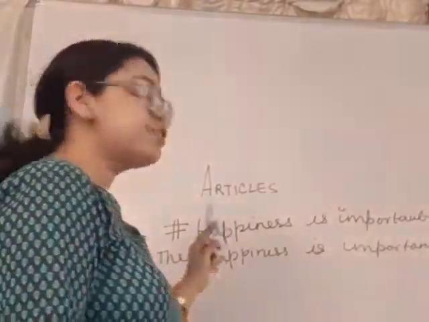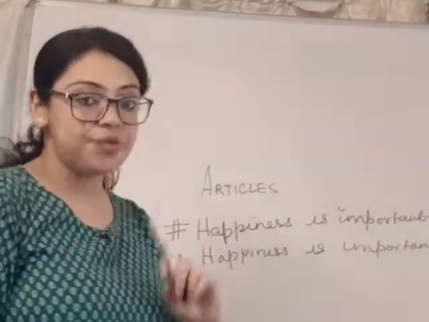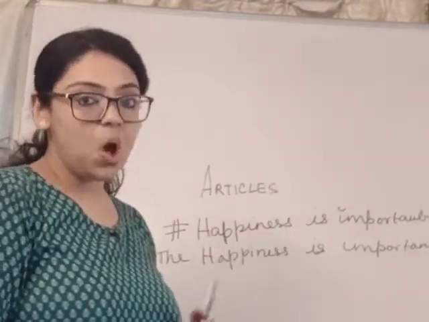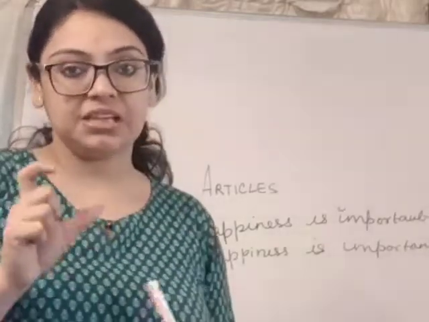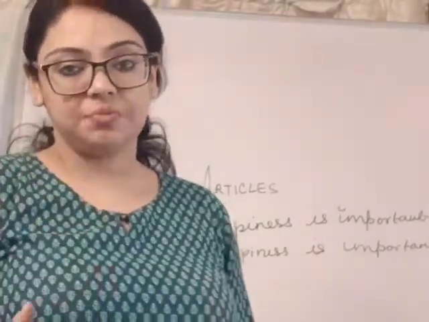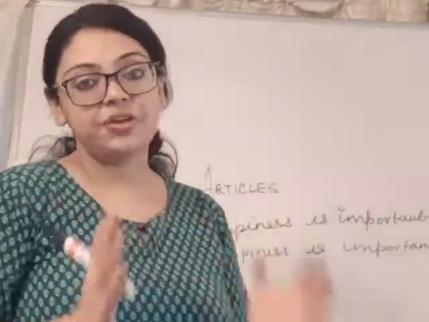I would say the first one is correct and the second one in this context is wrong. Because here we are not talking about one specific happiness, one particular thing that gives you happiness. Here we are talking about happiness as a general concept.